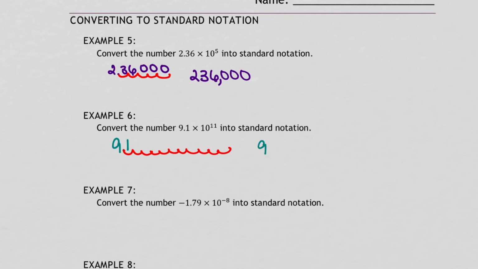And then after that decimal, I just start counting. So 1, because we had a 1 there, and then with the zeros. 1, 2, 3, 4, 5, 6, 7, 8, 9, 10, 11. That just makes it easier for me. And then I go back and put in the commas. So it looks like we have 910 billion.